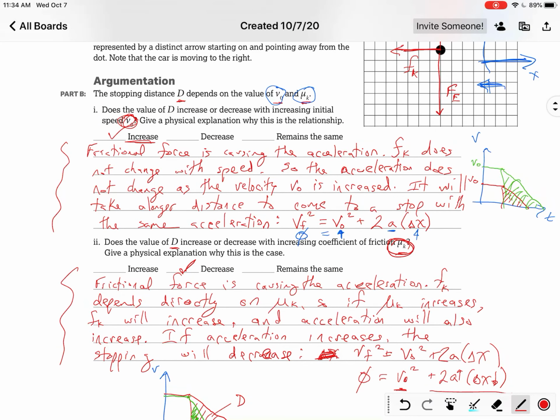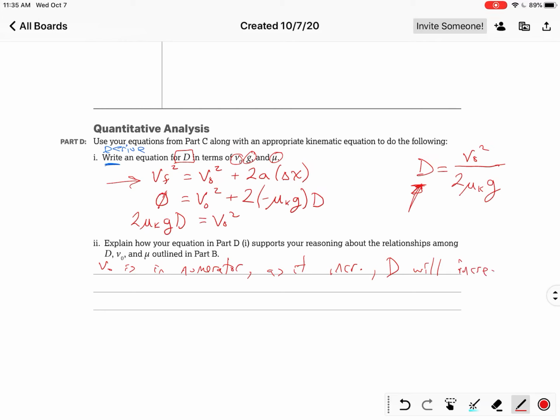is in the numerator. As it increases, D will increase. There we go. And then similarly, mu sub k is in the denominator. As it increases, D will decrease.